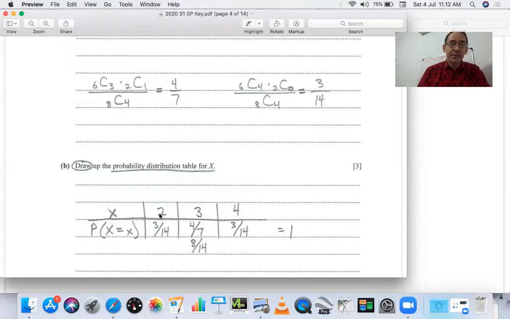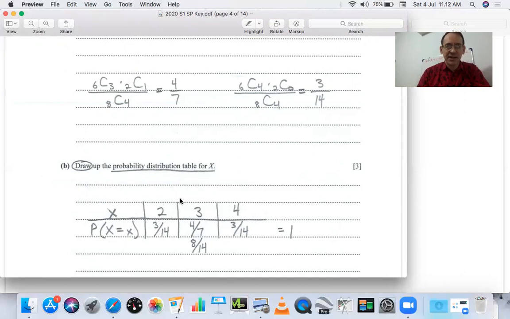And minimum, she can only choose 2 because there's only 2 hardbacks. So if there's only 2 hardbacks, the other 2 have to be paperback. So 2, 3, and 4 are the possible values that the paperbacks can take.